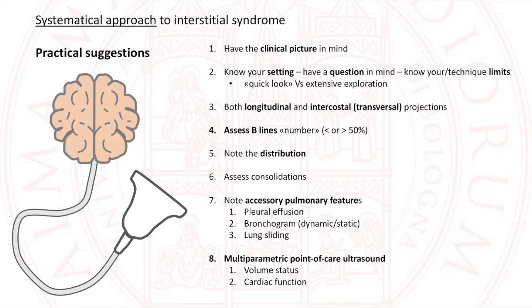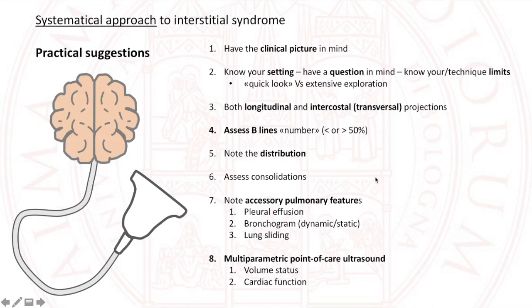Assess B lines in terms of their number, if they cover more or less than 50% of the screen in an intercostal projection. Note the distribution, if they are focal or diffuse, and if there is a pattern such as we saw in cardiogenic edema or not.